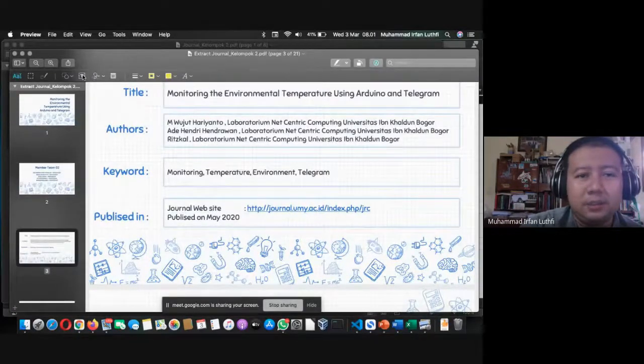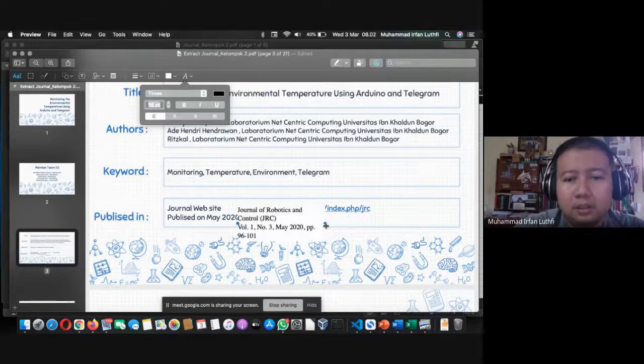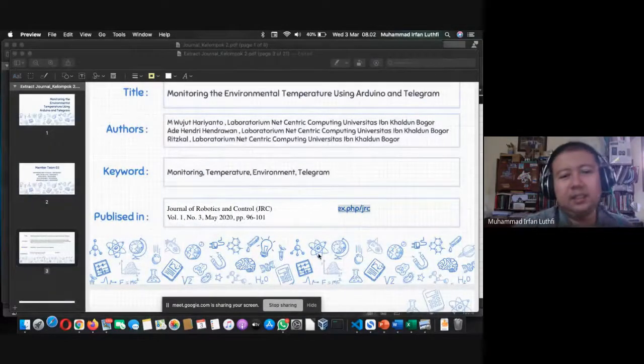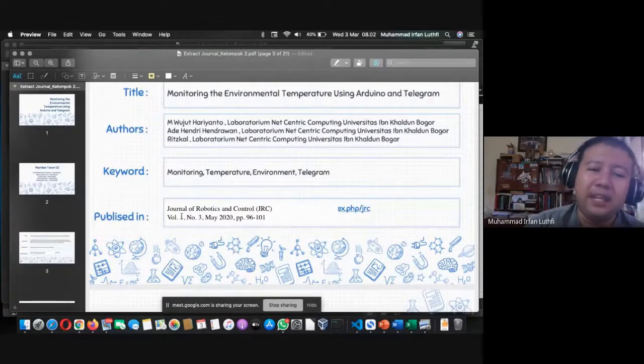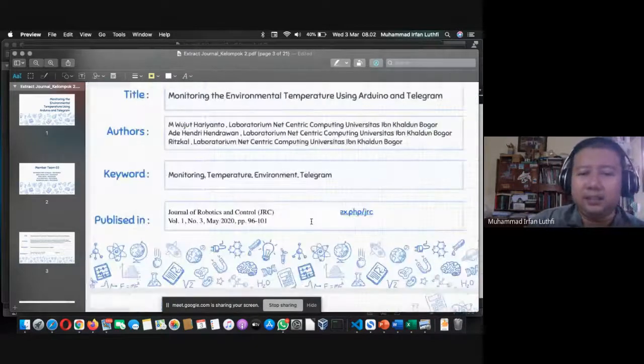You just put something like this. You don't need to write any website or page or anything else. Just write the journal name, the volume and issue number, and when it was published. From this information, we know it was published in May 2020, last year, on pages 96 to 101. You don't need to write any other information.